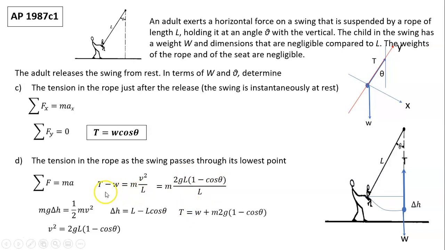So we have T equals, moving W to the right side, W plus m times 2g times 1 minus cosine theta. But what is mg? mg equals W. So we change mg to W. We can rearrange it. You should have T equals W times 3 minus 2 cosine theta.